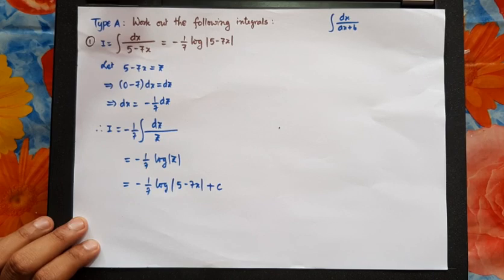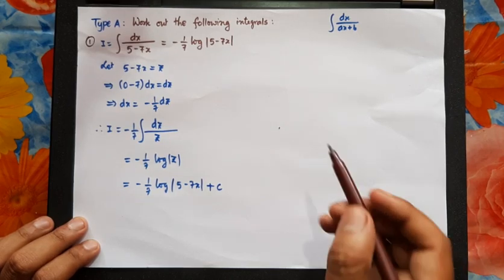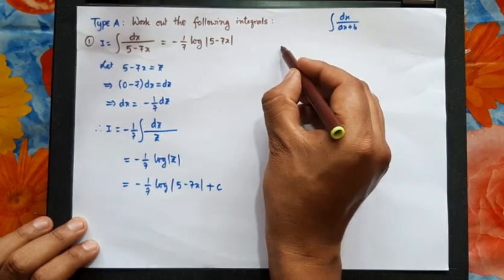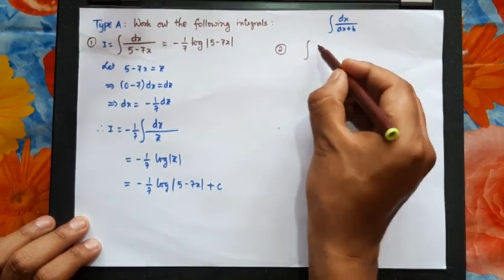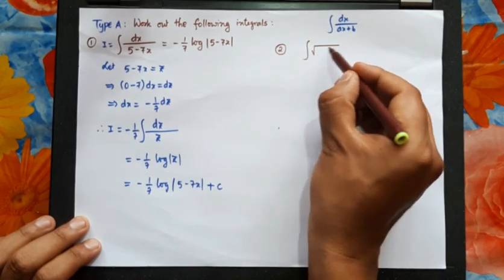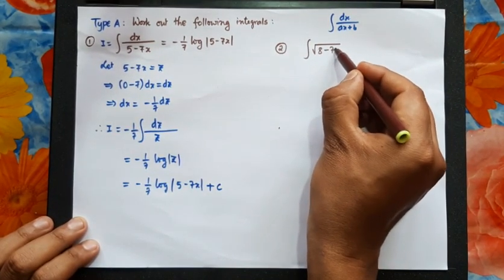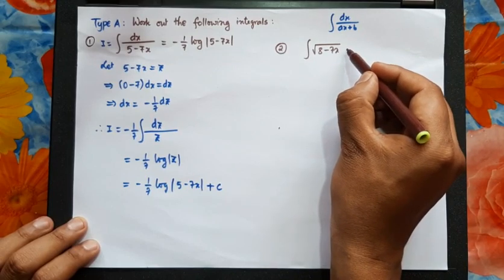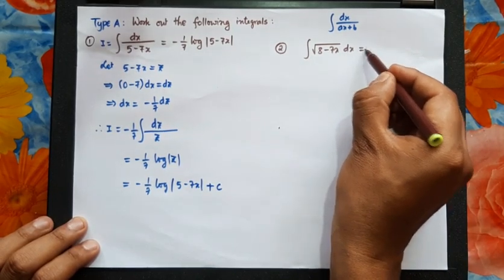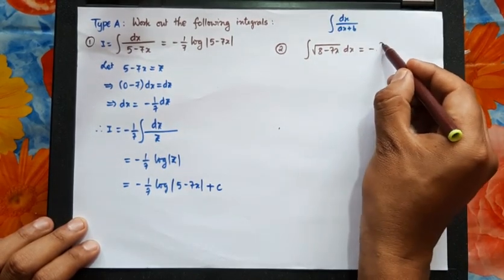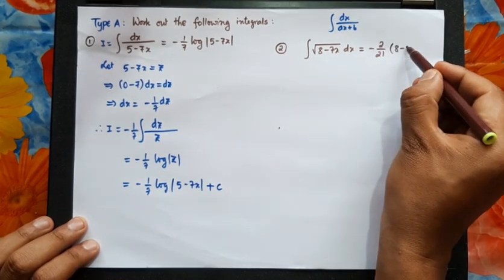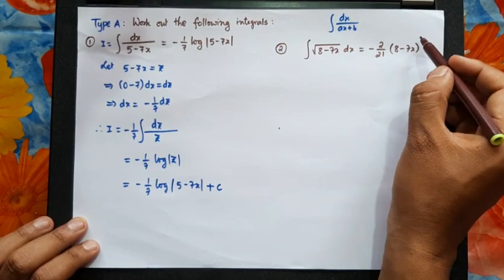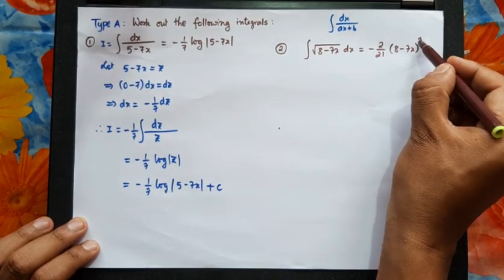Now let us go to the second problem of the very same kind, that is type A, and the next problem is this one. We have to verify this. So the integral of square root of 8 minus 7x dx will be equal to minus 2 by 21 times 8 minus 7x to the power 3 by 2.